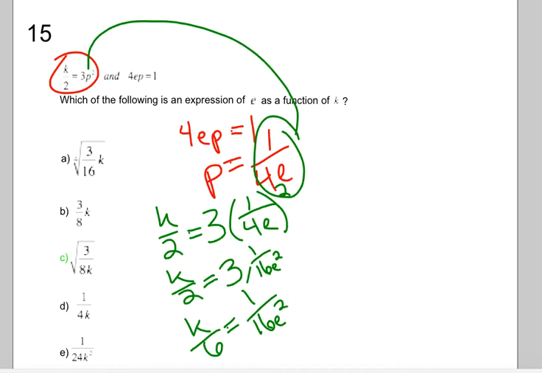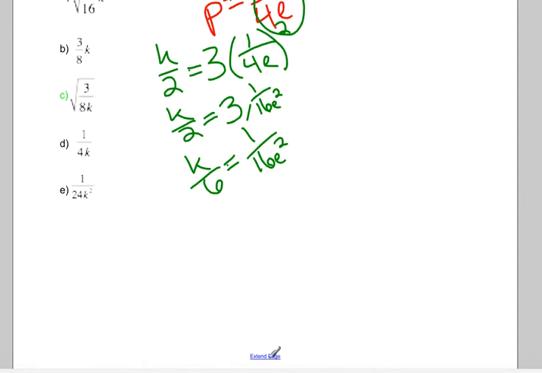From here, running out of room a little bit, but from here, I can multiply both sides by that same 16e squared. So I'll do that.